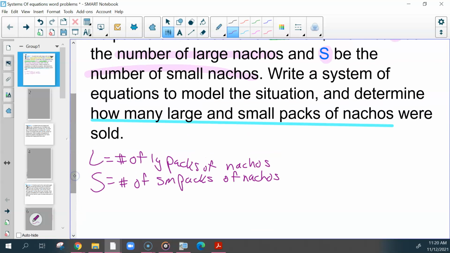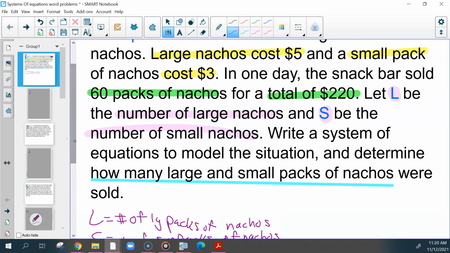Now, after we find the variables, we have to come up with two equations to make this system. Here they give us 4 different numbers. 2 of those are your totals. One tells you total of 220. What is the other total number?